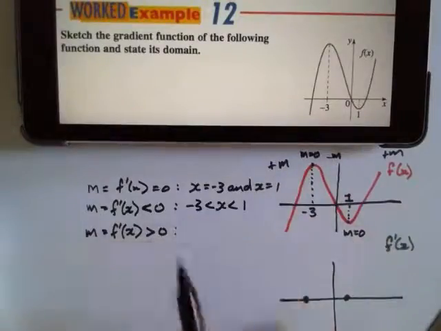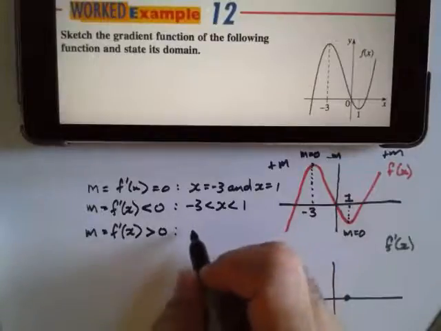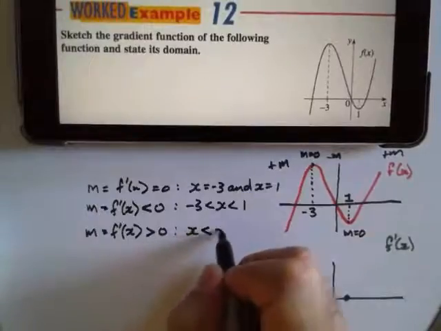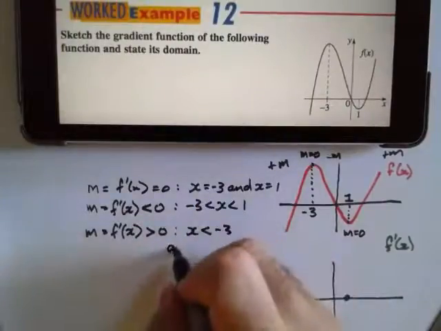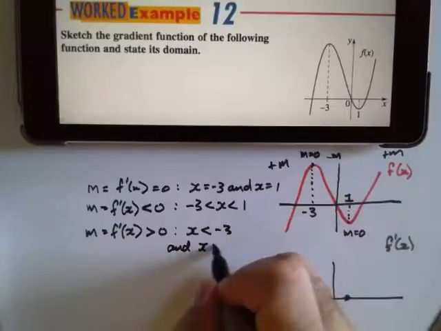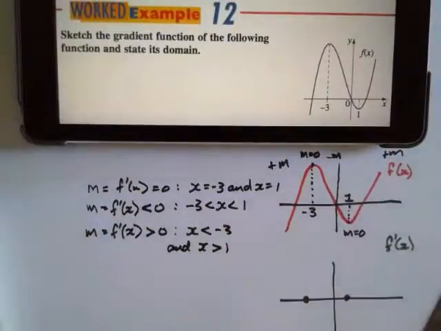Where's my gradient positive? My gradient is positive where x is less than -3, so on this side of -3, and where x is greater than 1, there it is positive as well.